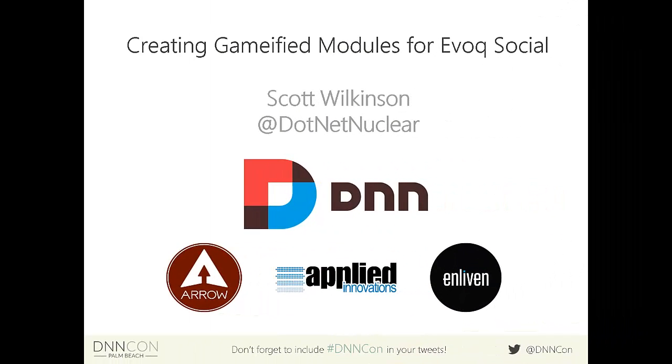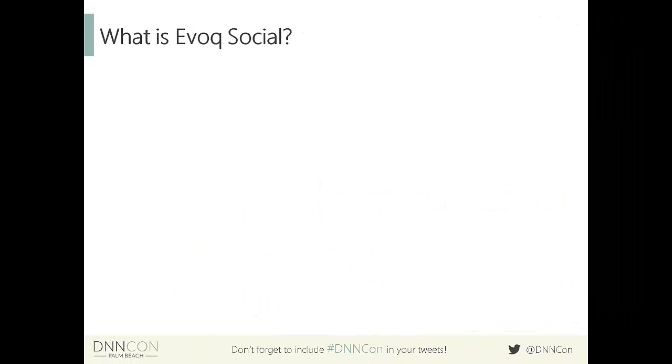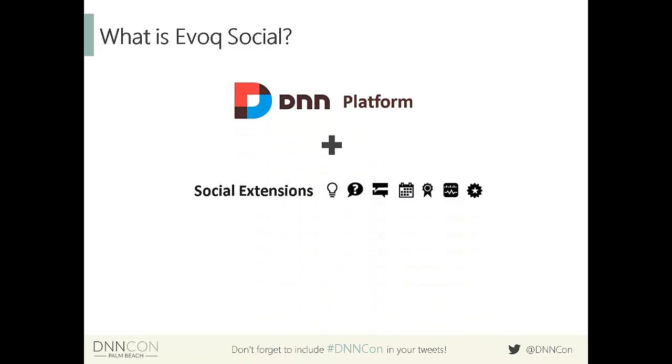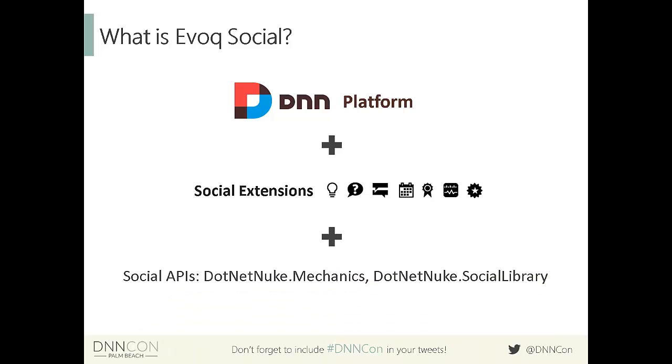So the first thing we're going to discuss is what is Evoq Social. Evoq Social, or the DNN Social, consists of the DNN platform, the social extensions like the ideas, the question and answer, the discussions, the social events, all those different modules. And then we have the social APIs.